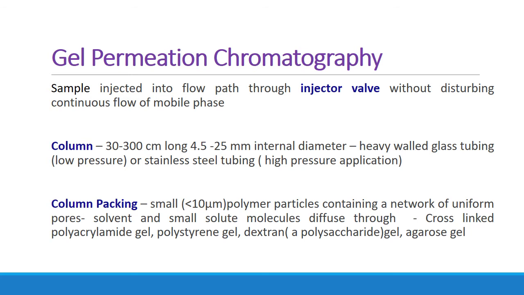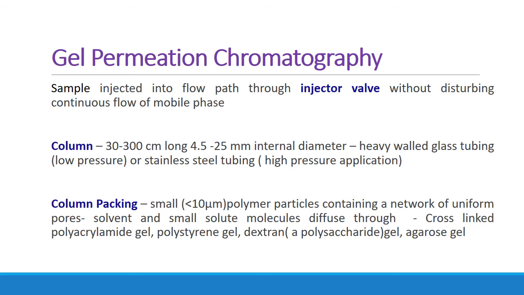The column may be as small as 30 cm or as long as 300 cm with an internal diameter varying from 4.5 to 25 mm. The material may be either heavy walled glass tubing, which is used for low pressure applications, or stainless steel tubing used for high pressure applications.